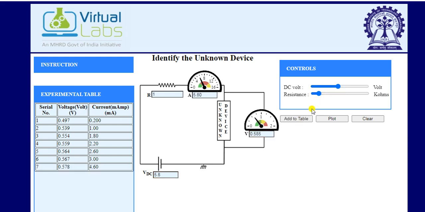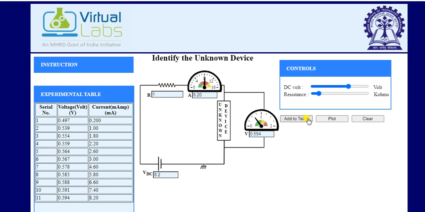Then we will check whether the relation between current and voltage is linear or exponential. So I think 12 values of current and voltage is sufficient.